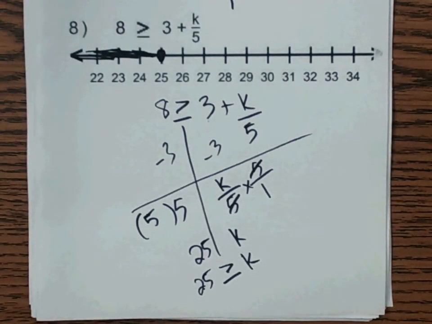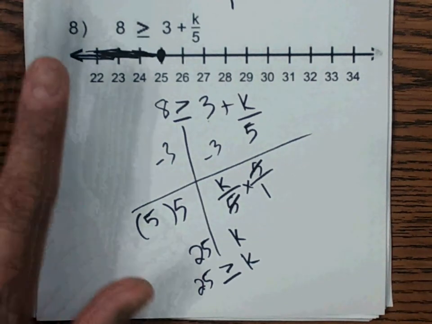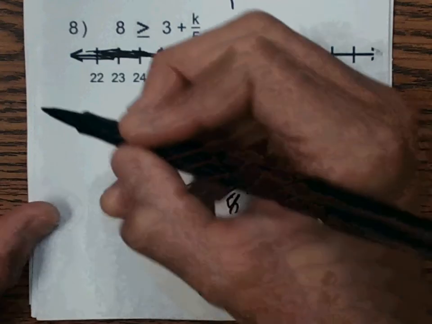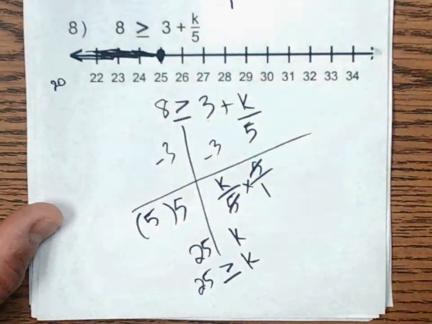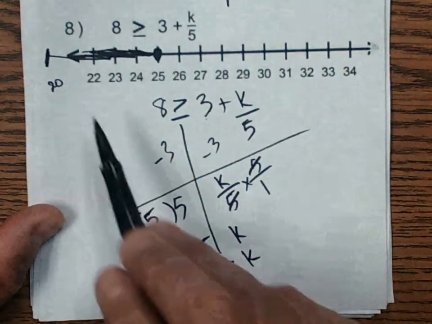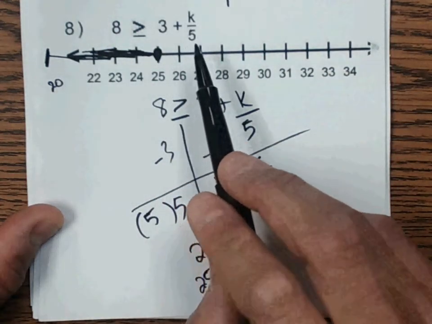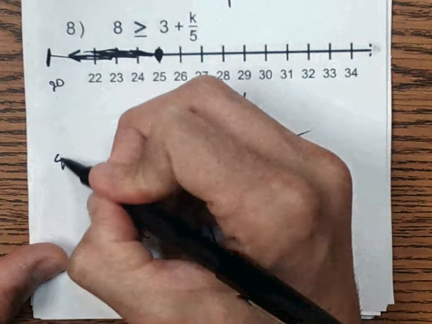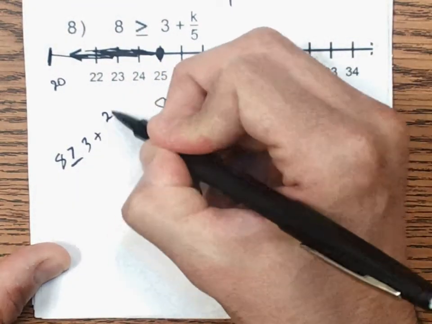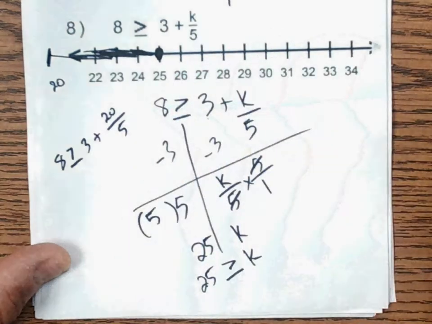Okay? And a way to test out your answer is to choose any number to the left of 25 and make sure our inequality is true. So you know what? Let's use the number 20. I'm choosing 20 because it would fall about right here on our number line, and we could easily divide it by 5. So stick with me. I have 8 is greater than or equal to 3 plus 20 over 5.